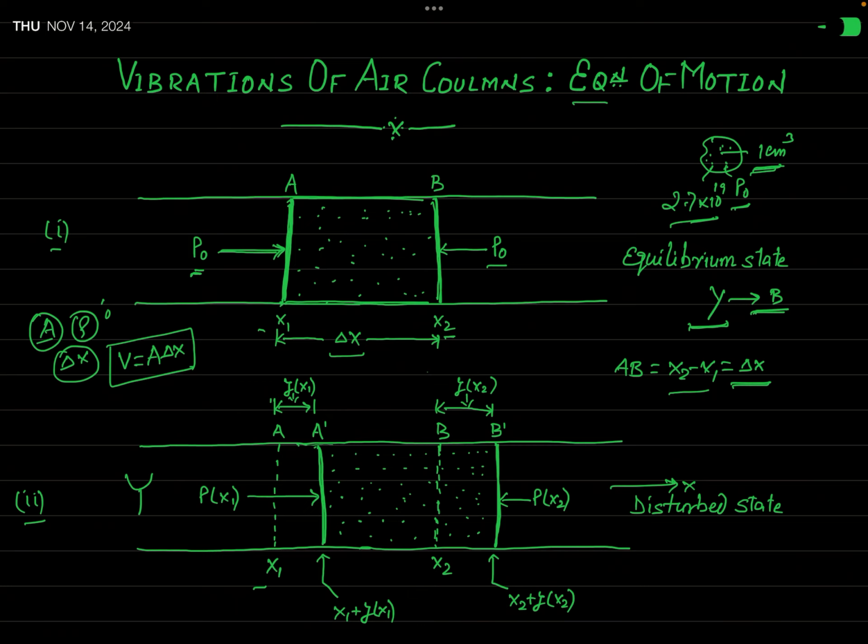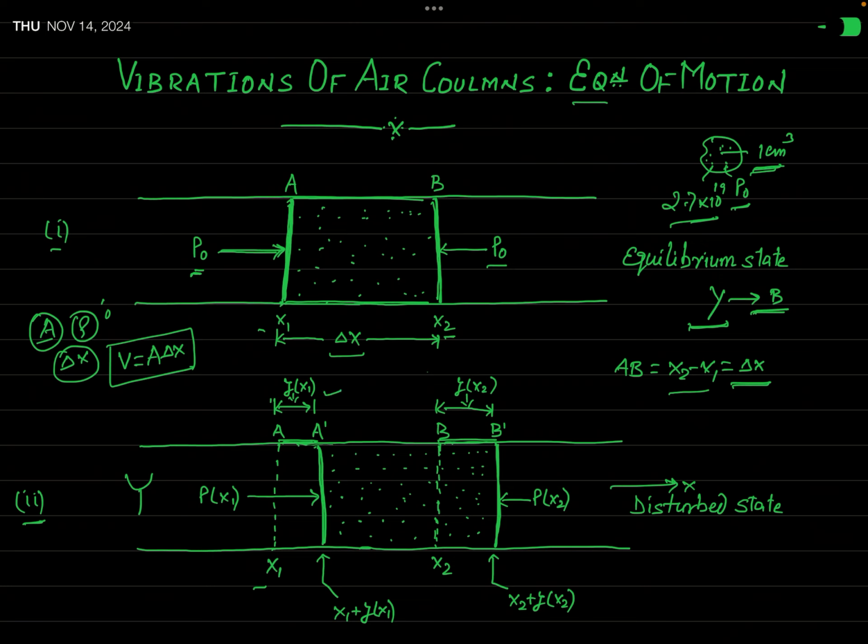But as we disturb this gaseous system, for example by vibrating the tuning fork at its open end, what will happen? When the gaseous system is disturbed, you can see in this second figure that the plane A is shifted to A dashed, and the plane B is shifted to B dashed. We consider that the displacement of section A is given as y of x1.